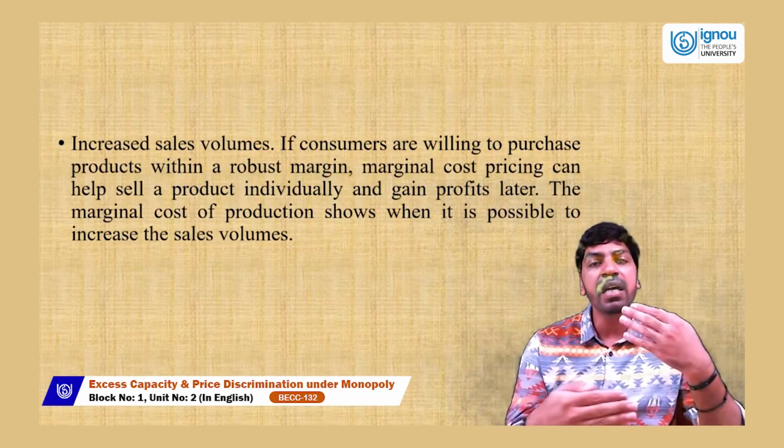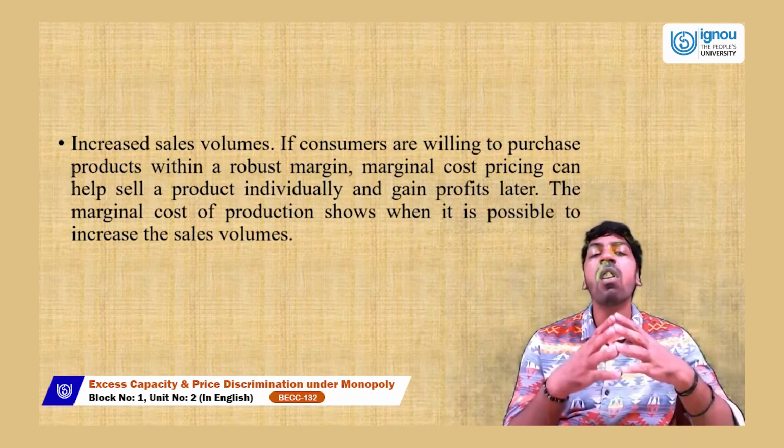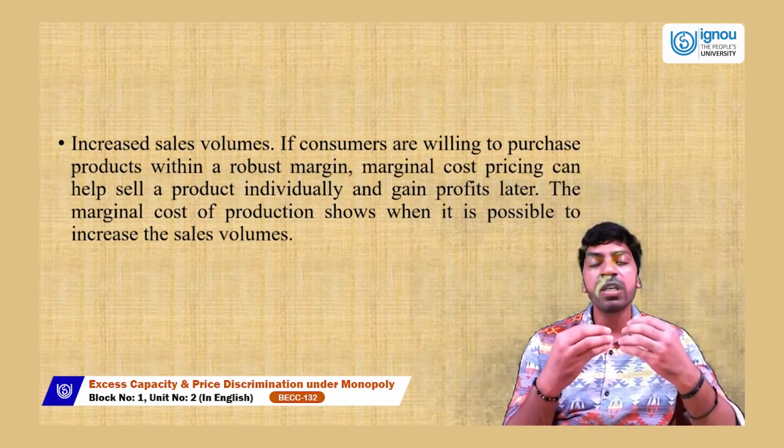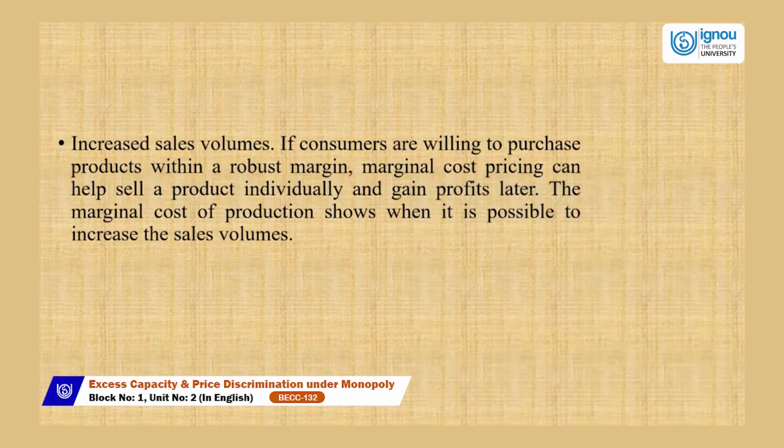Such pricing shows its effect when there is an increase in the sales of its product. The marginal cost of production shows when there is a change in the sales of the firm's own products, and that is also one of the advantages.